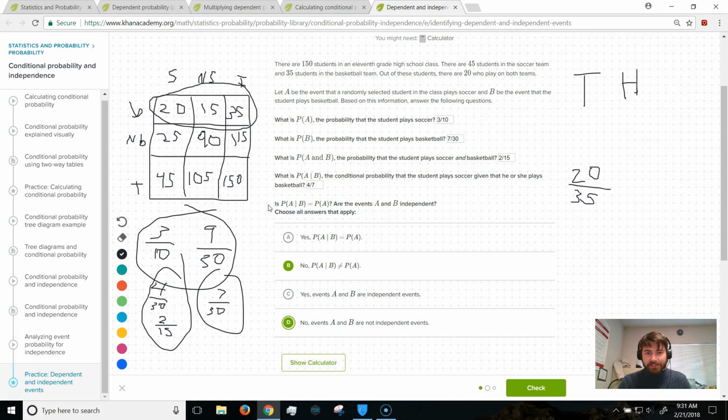In this case, knowing that a student plays basketball, in other words, knowing that heads flip second, changes the likelihood that we can expect for the first one. So that means they're not independent. One affects the other. And that can be seen because the given condition that B has happened changes the outcome.